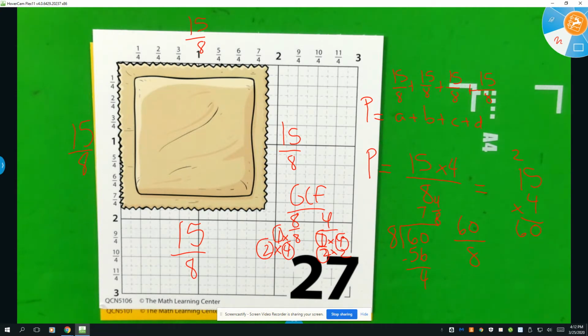So what I would do is divide this by 4. So 7 and 4/8 equals itself, and I'm going to divide it by the greatest common factor, which is 4. And that's going to leave me with 7 and 1/2 as the perimeter.